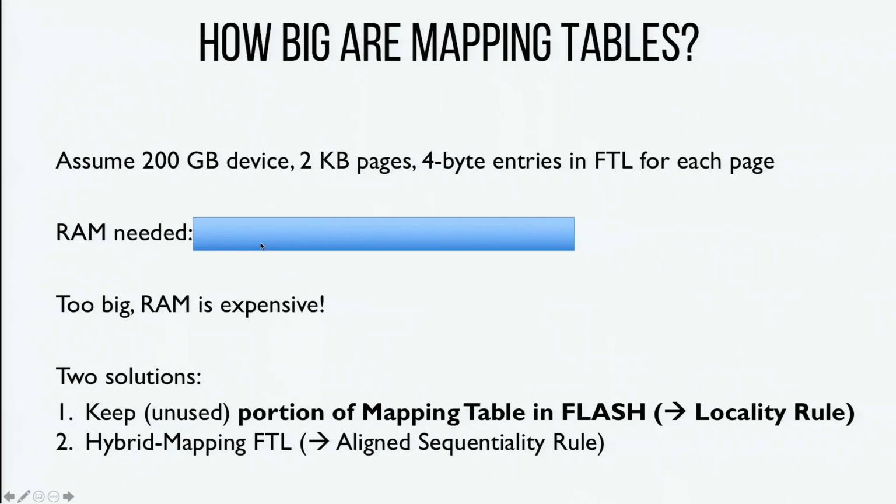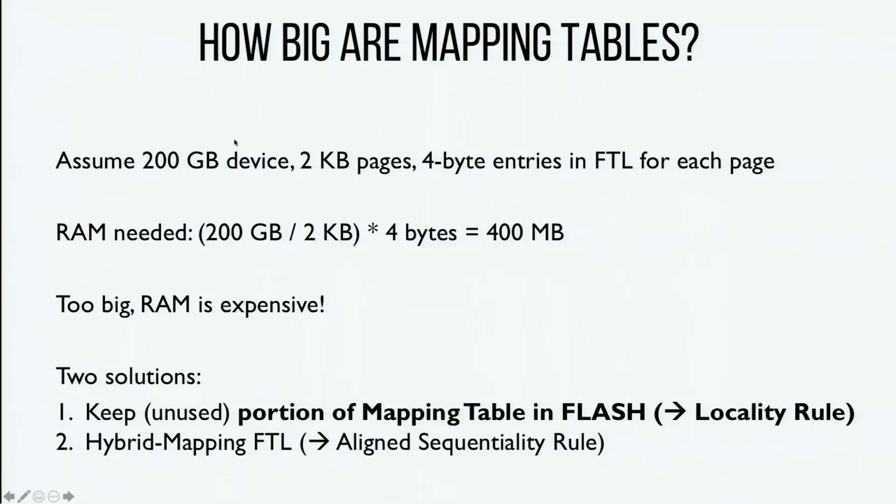We're going to have some RAM in our SSD that's holding these mapping tables, because we need that to be faster; we don't want to store it in the SSD itself. So how big would this need to be? Well, we must have 200 gigabytes divided by 2 kilobyte pages. That's how many pages we have. Each page requires 4 bytes in the mapping table, so we're using up 400 megabytes of RAM just for these mapping tables. That's too expensive. We're not going to do this.